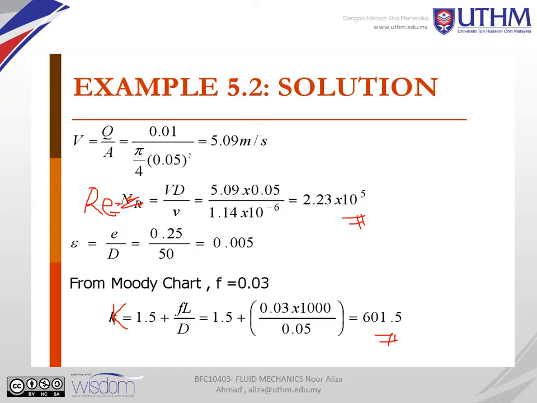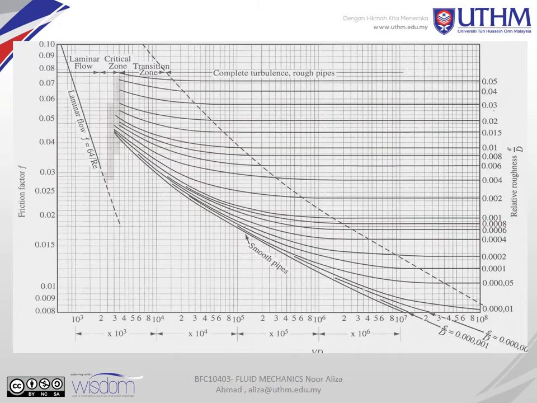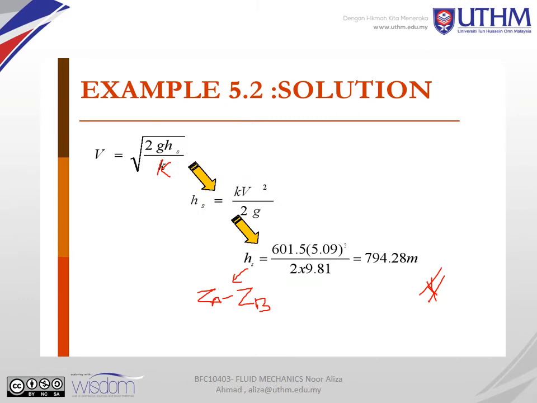We get the relative roughness, E over D, of 0.005. We get F from the Moody chart, so F is 0.03. You put the F into the K here, so we get the value of K. F is from the Moody chart. So we get the velocity because we have the K from the previous slide.